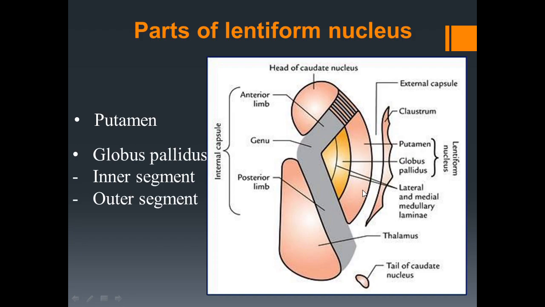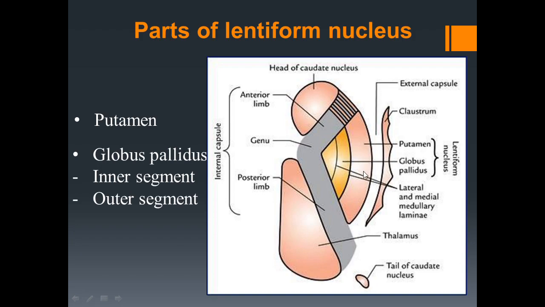This is the putamen, and the inner part is called as globus pallidus. I repeat, the lentiform nucleus is divided into two parts. The outer dark colored part is the putamen and the inner faint colored part is the globus pallidus.